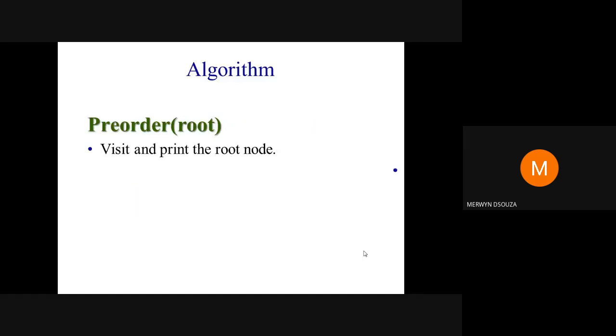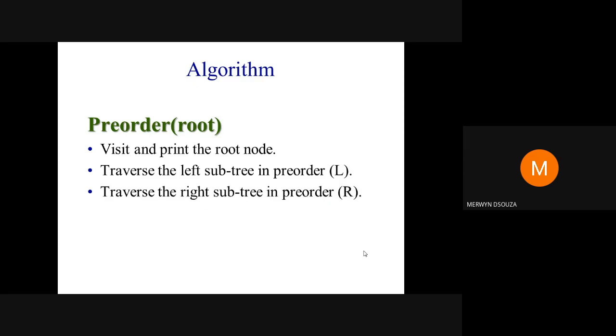First we are going to do pre-order traversal. When you do the pre-order traversal, these are the steps. The first step is to visit the root node. The second step is to traverse the left subtree in pre-order. The third step is to traverse the right subtree in pre-order.